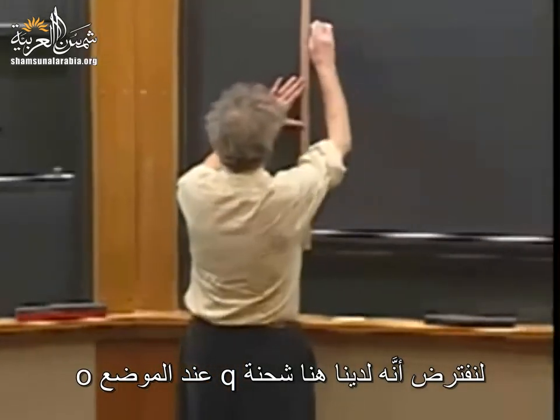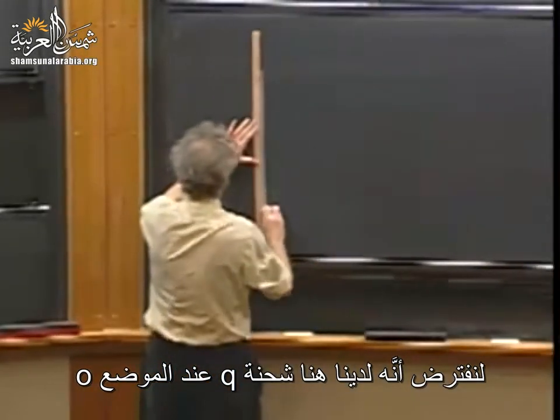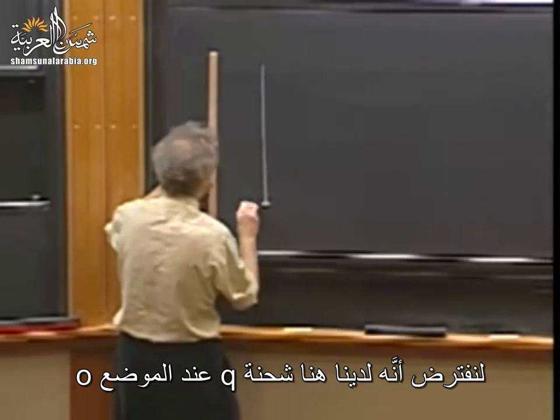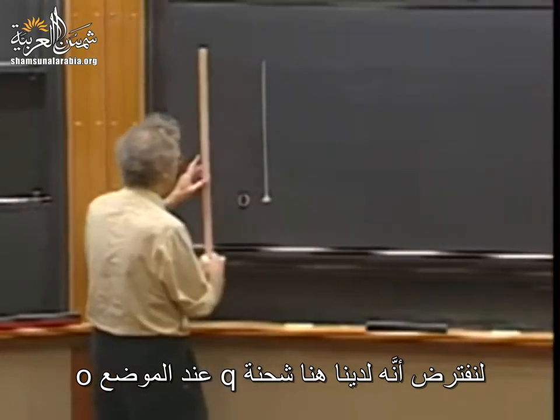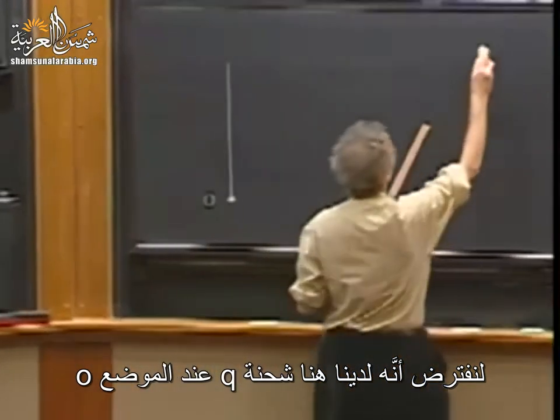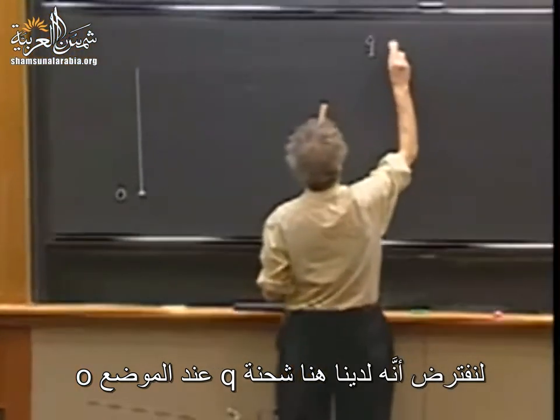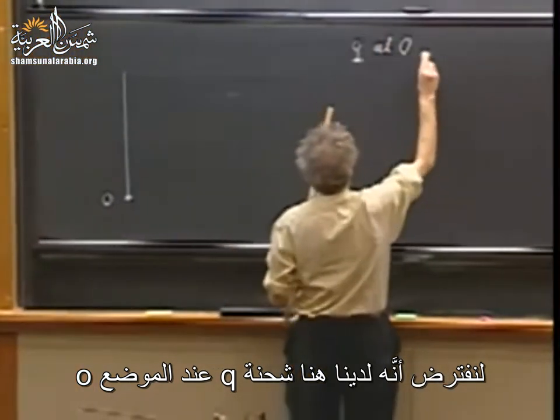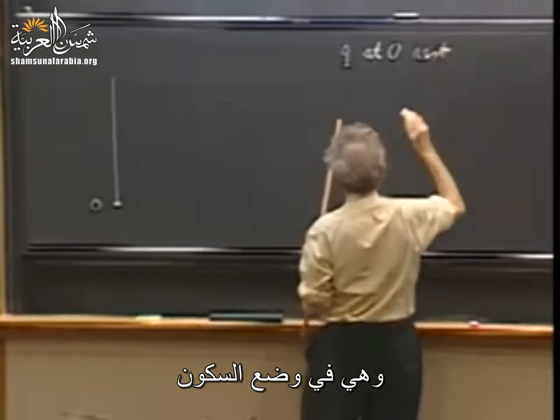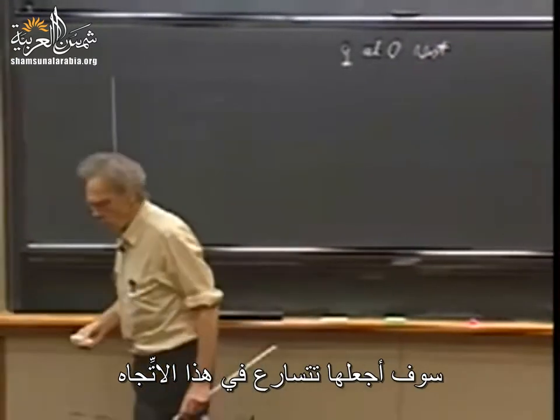Suppose I have here a charge Q which is located at position A. So we have a charge Q, it is at A, at O, and it is at rest. And I'm going to accelerate that in this direction.